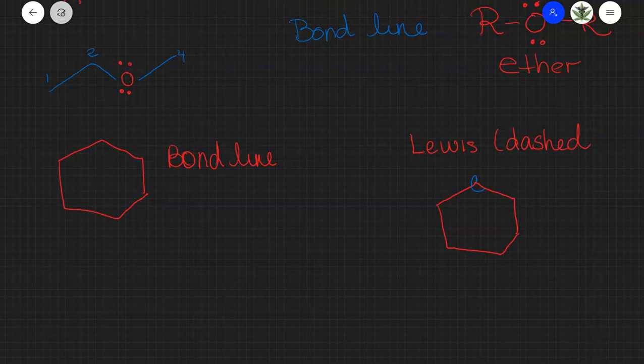Here I would have a carbon, here, here, here, here, and here. All of those carbons have 2 bonds.